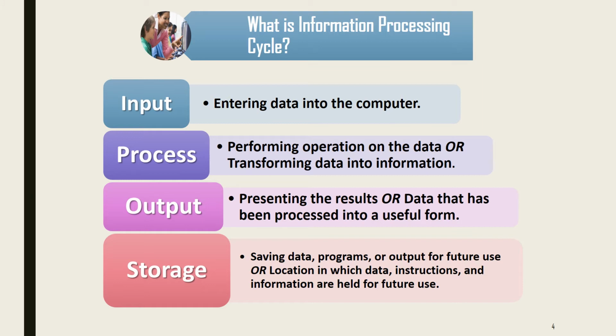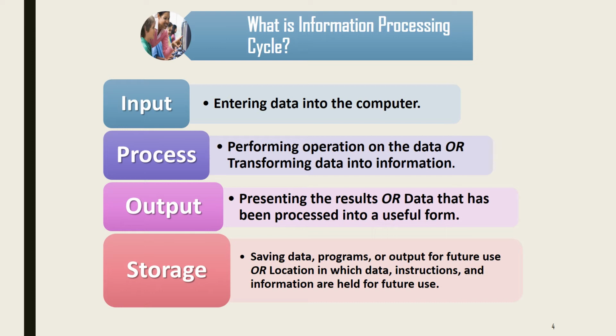Input means entering data into the computer, while process is performing operations on the data or transforming data into information. Output is presenting the result, referring to the data that has been processed into a useful form.